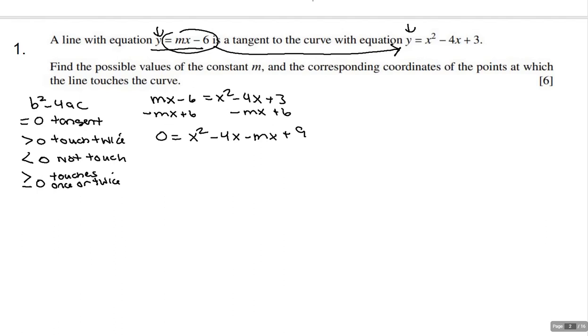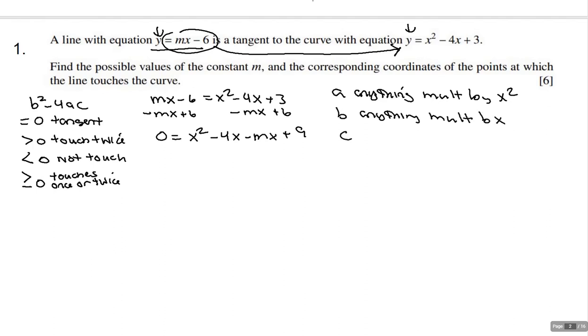However, if I rewrite it as a discriminant, remember now, a is anything multiplied by x squared. And then b is anything multiplied by x.